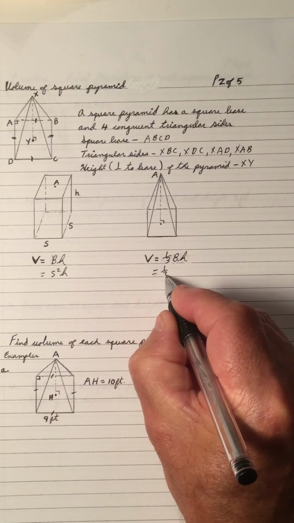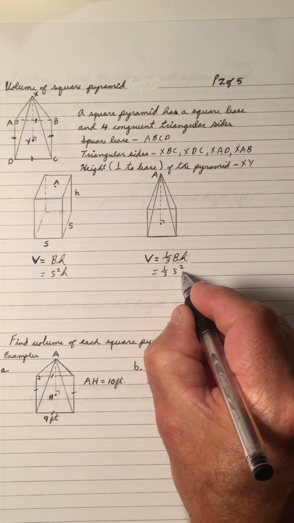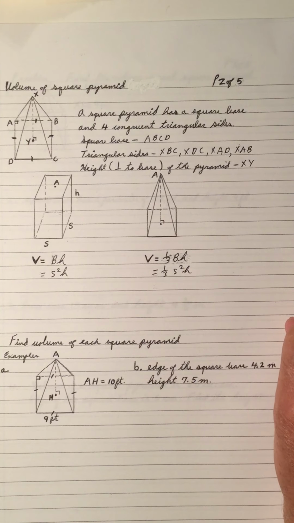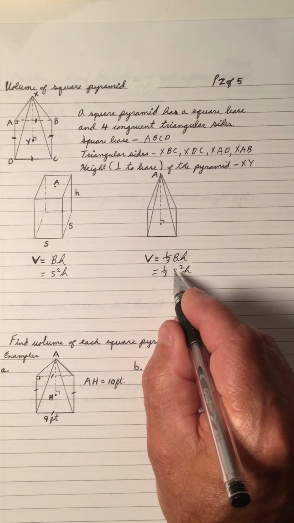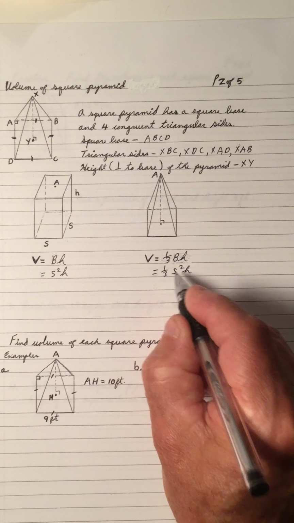So it's 1/3 of S squared H. Like a cylinder, a cone cut from a cylinder when they're the same height. A cone is 1/3 the volume of a cylinder. So it's 1/3 here also. Good way to remember it.